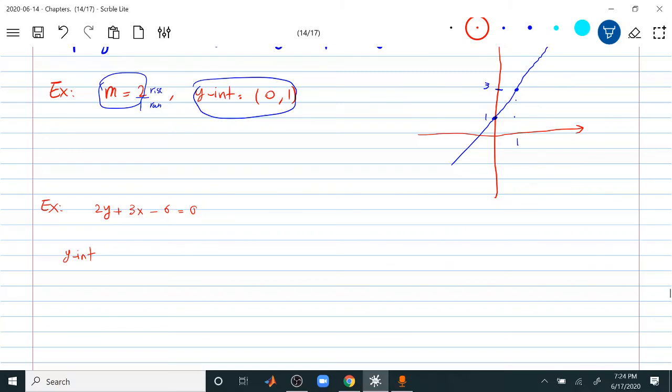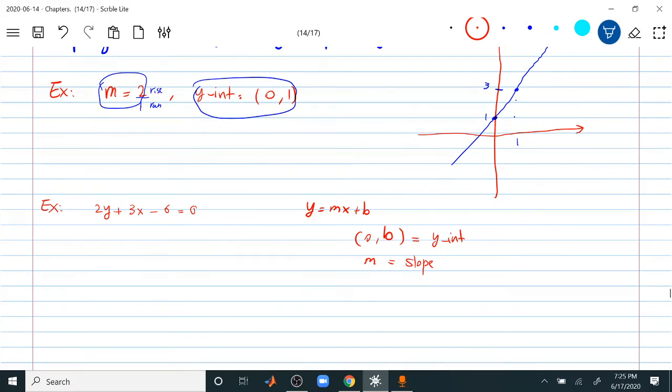Actually, let me show you this because it's better to do it this way. If you remember the slope-intercept form, y = mx + b. What is b? As I mentioned earlier, (0, b) is basically your y-intercept. And what is m? m is the slope.